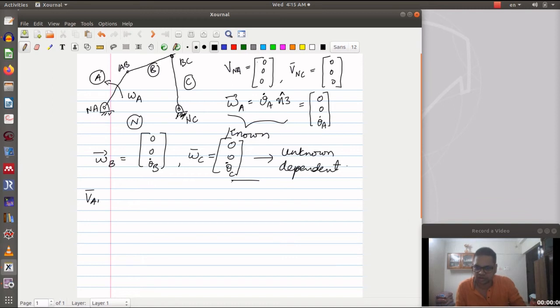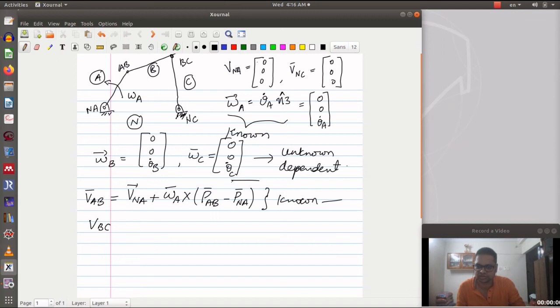Velocity of AB is velocity of NA plus omega A cross position of AB minus position of NA. So this is a fully known quantity because omega A is known, velocity of NA is known, positions are known from your position analysis.